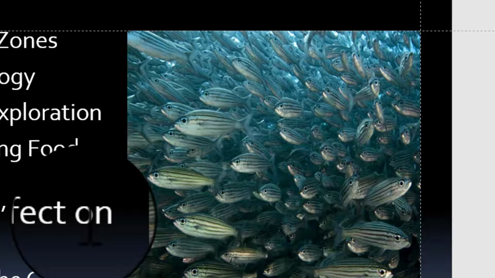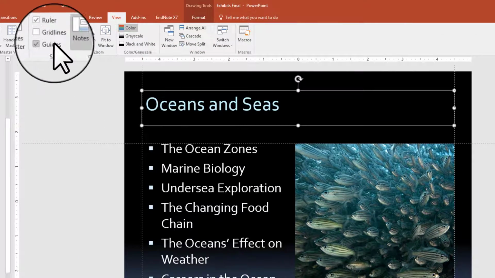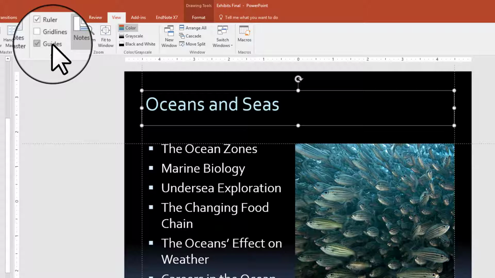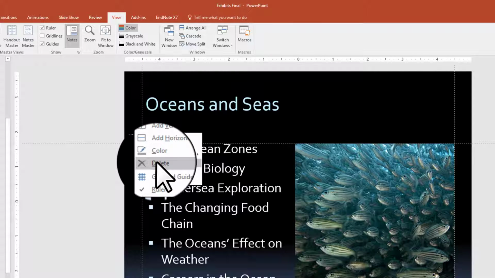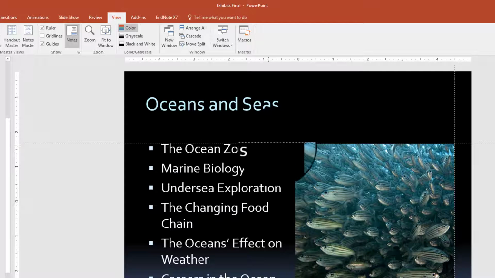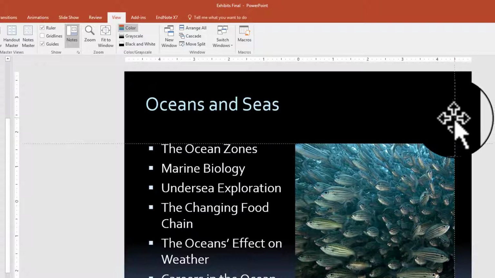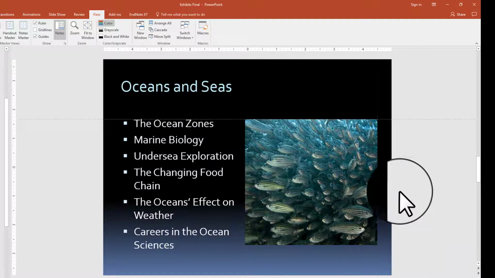And then we can get rid of these guidelines. You could take off the guides, but that doesn't change where they're from, so if you want to just get rid of them, you could just say delete here, and delete. I'm going to delete this one on the right, and this one too.